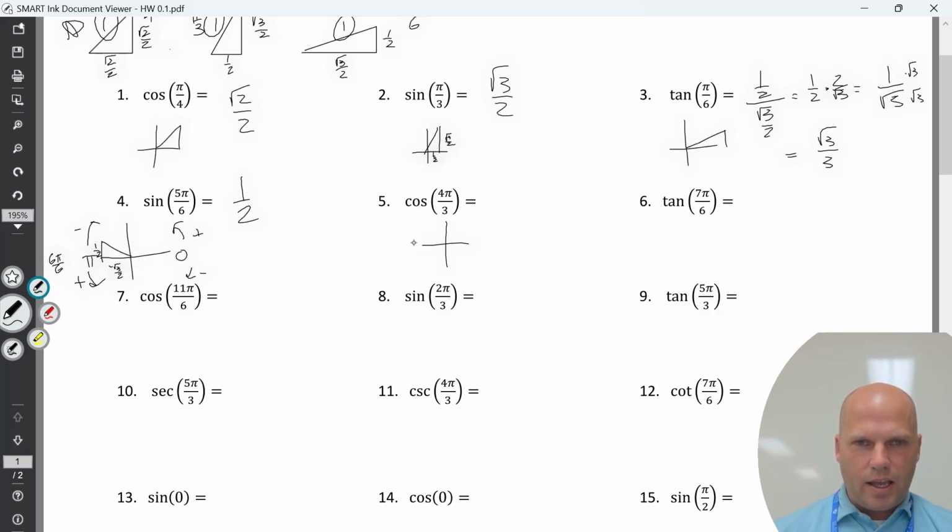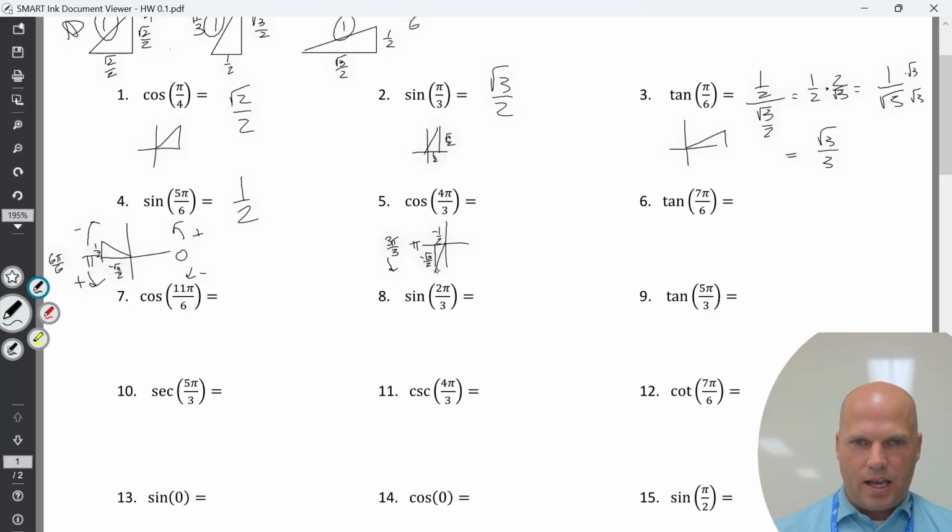4 pi over 3. Again, I'm going to come over here to pi, which is 6 pi over 6 or 3 pi over 3. And then I'll add a pi over 3. A pi over 3 creates this tall 30, 60, 90 triangle. This tall 30, 60, 90 triangle in this quadrant would have this side length, which I'll say is negative root 3 over 2 because I'm going down on the xy axis, and this side length negative 1/2 because I'm going left on the x-axis.